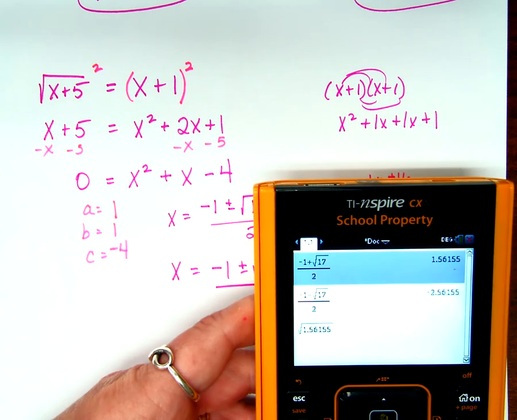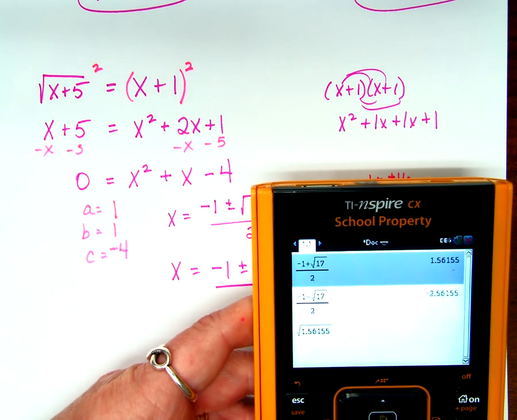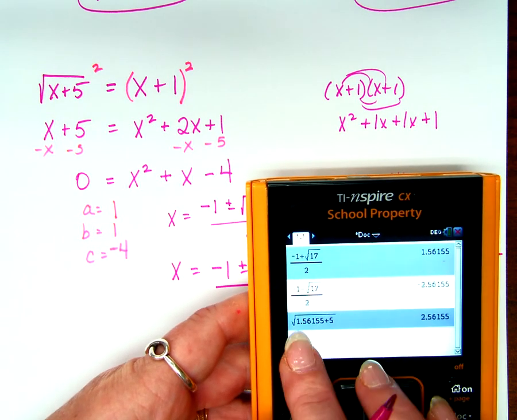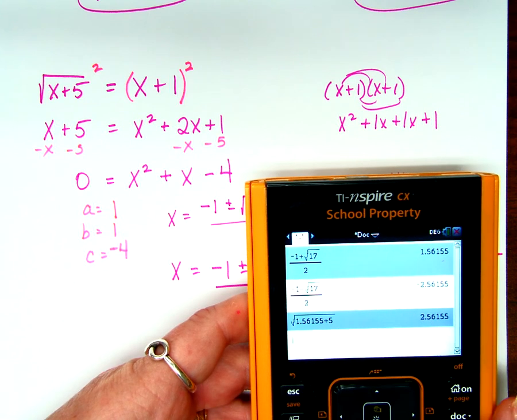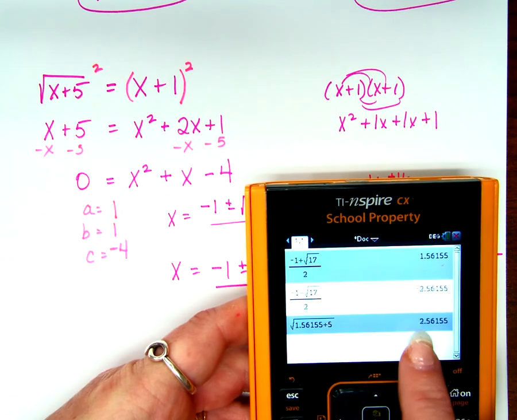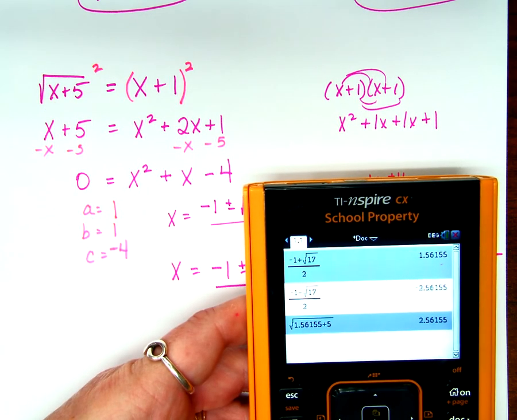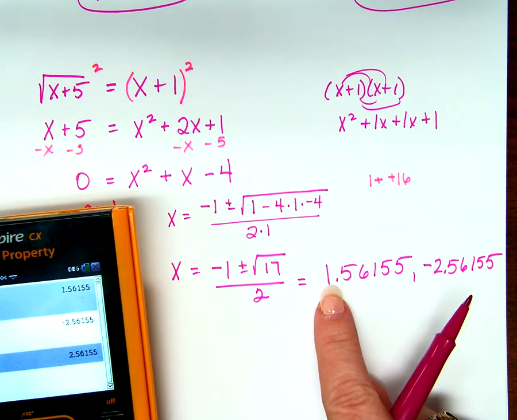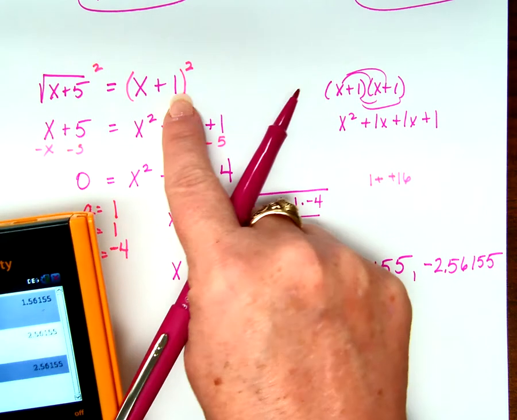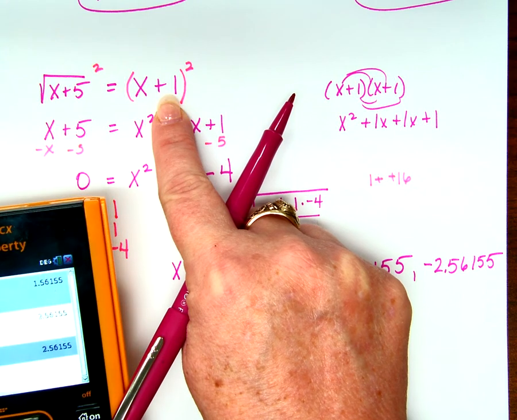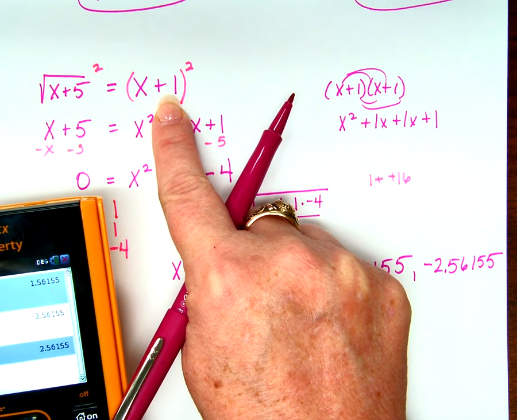1.56155 plus 5. Okay, so when I plugged in 1.56155 and I added 5 to it and took the square root of it, I got 2.56155. Did you guys get that? So if I add 1.56155 to 1, what am I going to get? 2.56155.